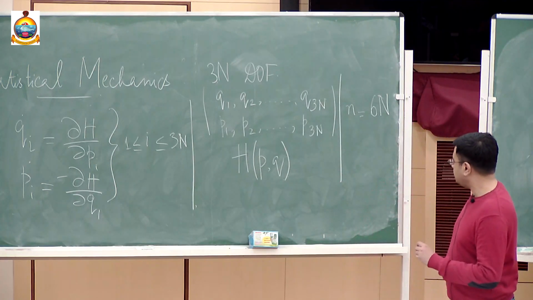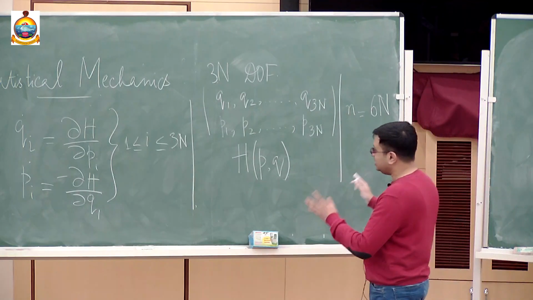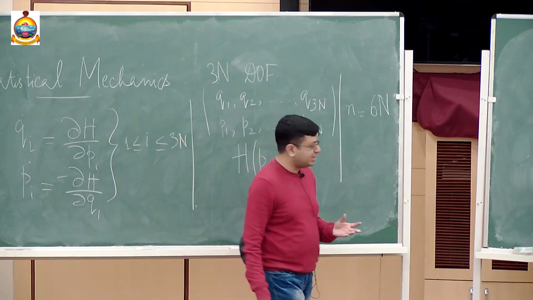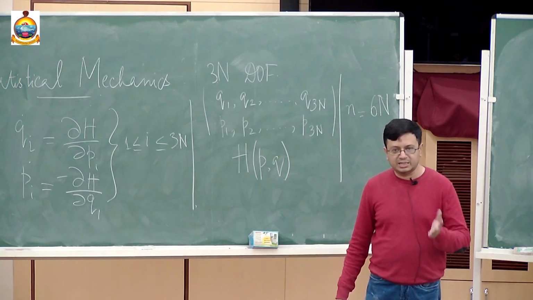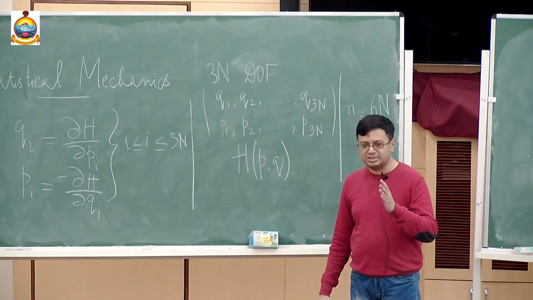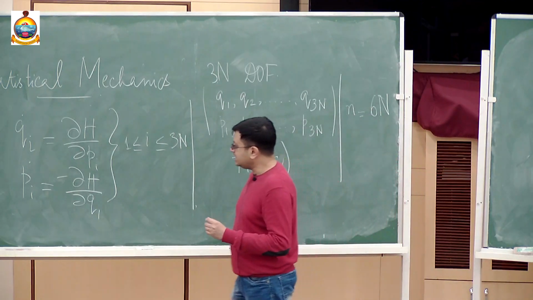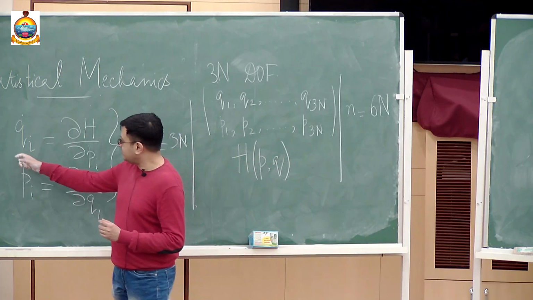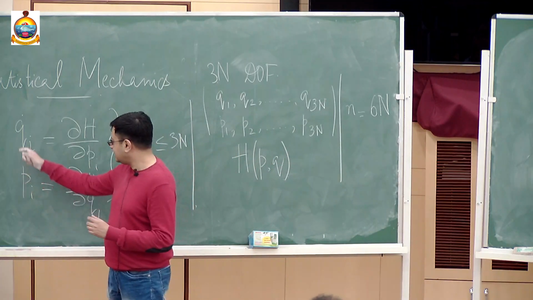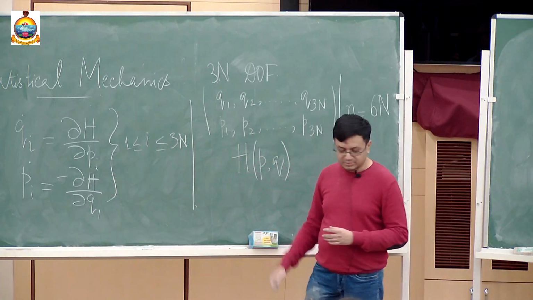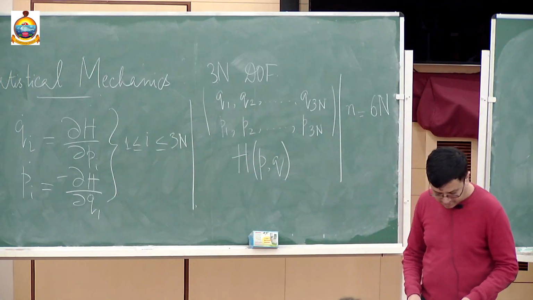What I am after is the following: in this setup, I want to understand the laws of thermodynamics. I want to interpret energy, internal energy, heat, entropy, in terms of microscopic variables like generalized coordinates, generalized momenta, the system Hamiltonian, and so on.